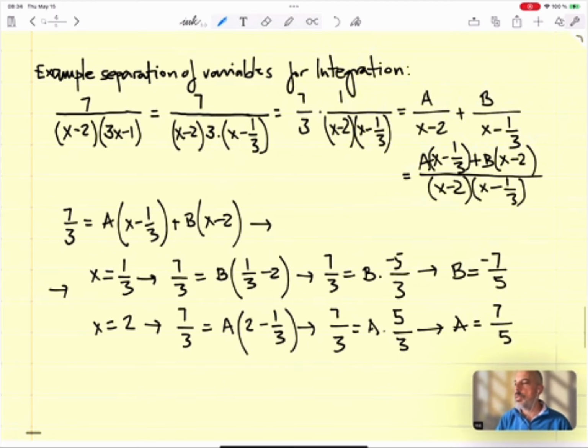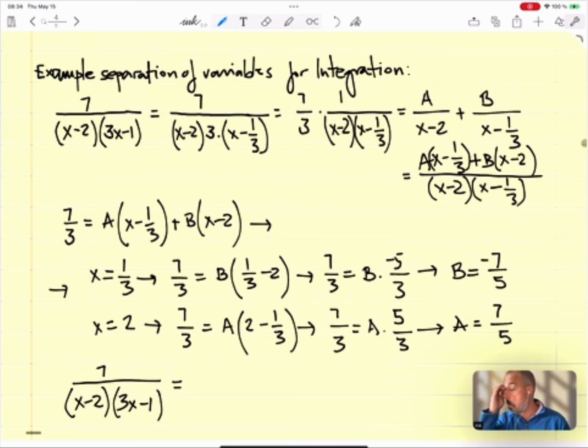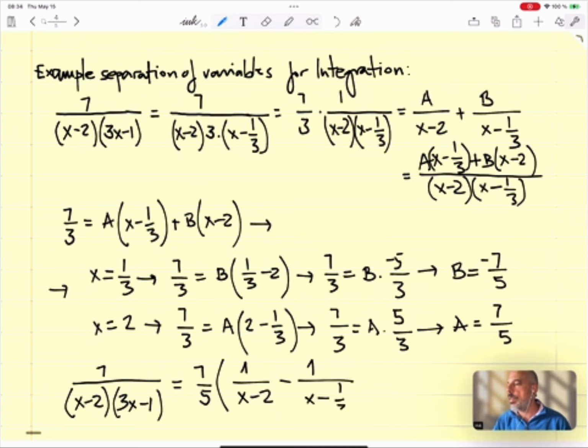So as a result, we can say that 7 divided by (x minus 2)(3x minus 1) equals 7 divided by 5 times (1 divided by x minus 2 minus 1 divided by x minus 1/3). And we can integrate that easily in our system.